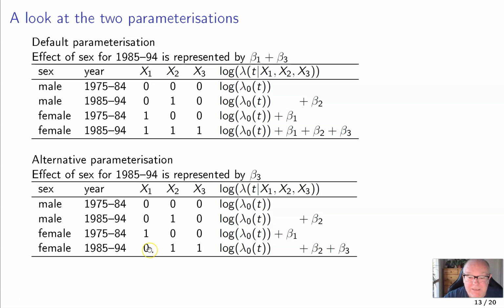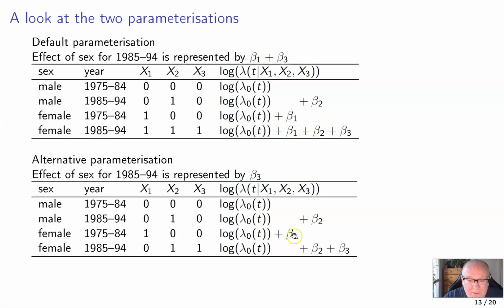And by doing so, what we now have is beta 1 is the effective sex when x2 is 0. So beta 1 is the difference between these.